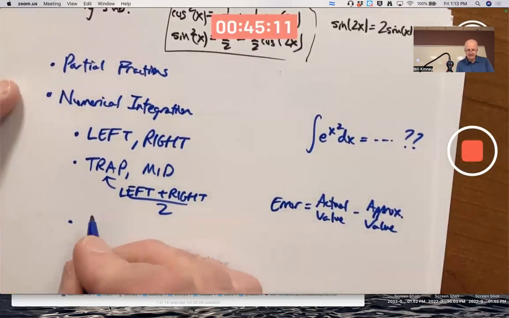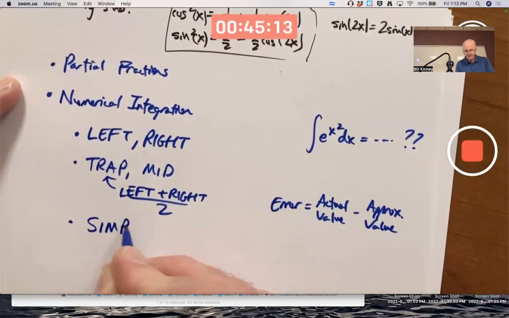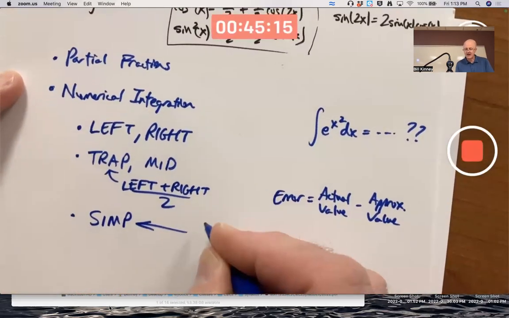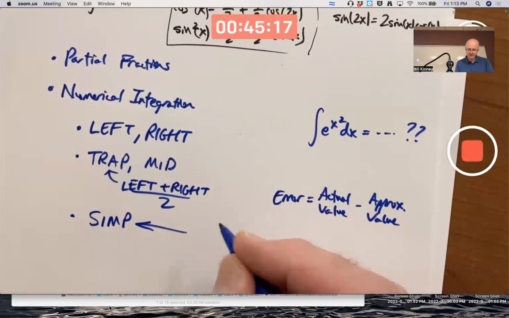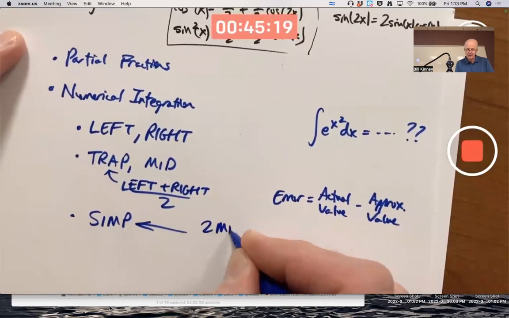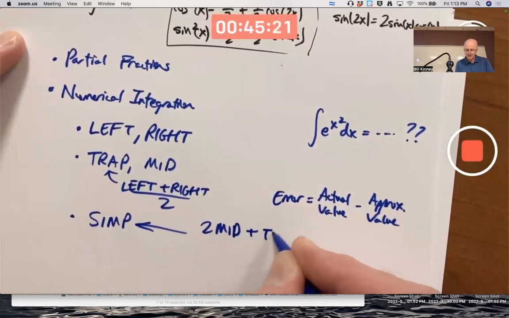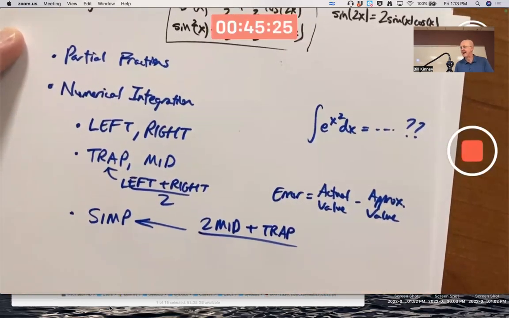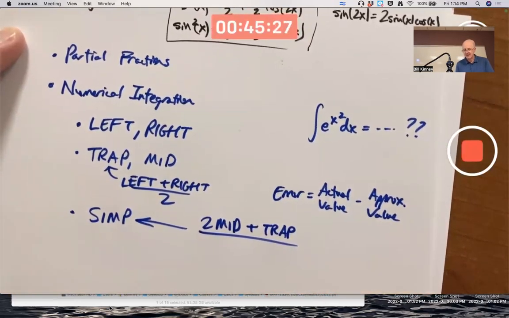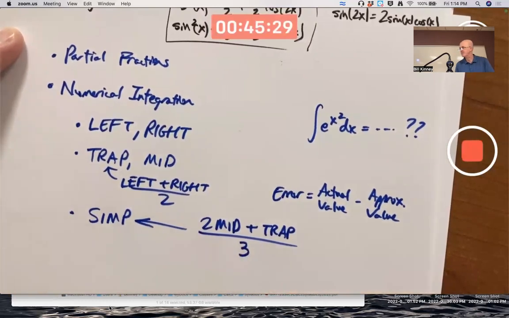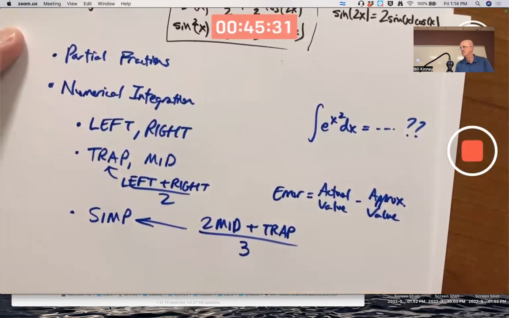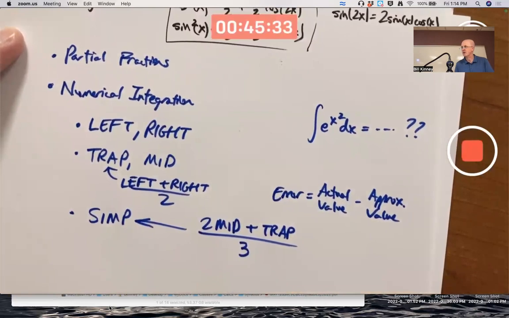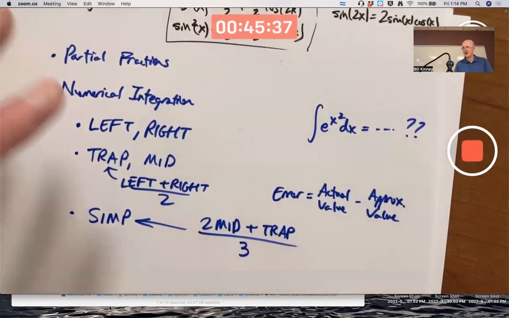And therefore, Simpson's rule for us is defined as a weighted average of mid and trap, where we give the midpoint rule 2 times the weight of the trapezoid rule. Effectively, we're counting the midpoint rule twice in this average. Since we're counting it twice, we had to divide by 3, not by 2. So it's called a weighted average. Right? We did all this.